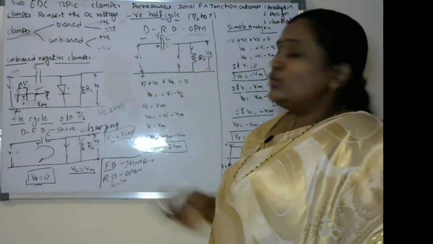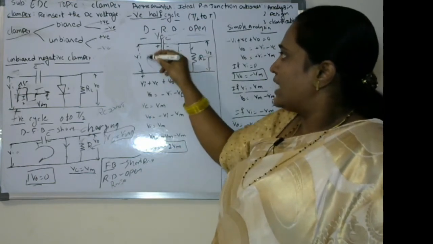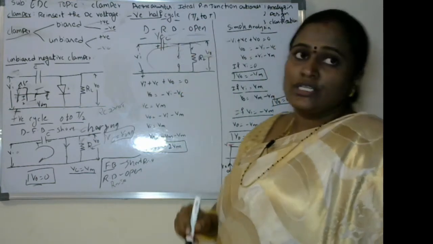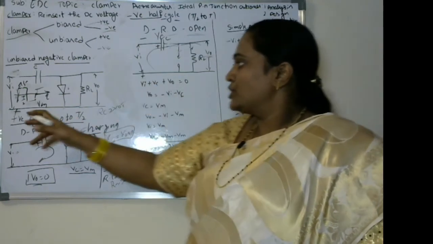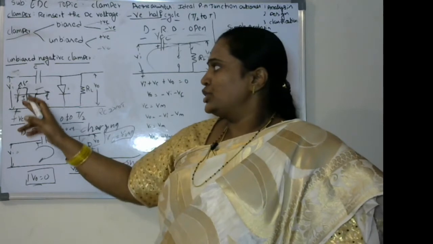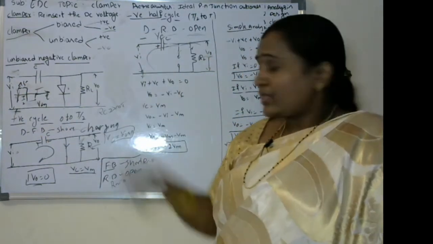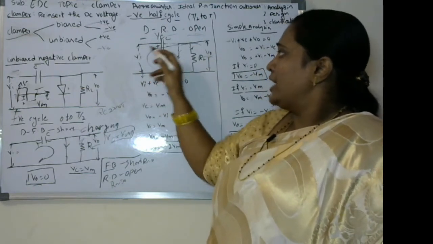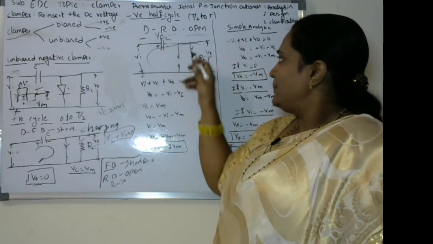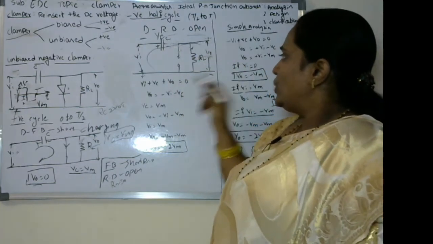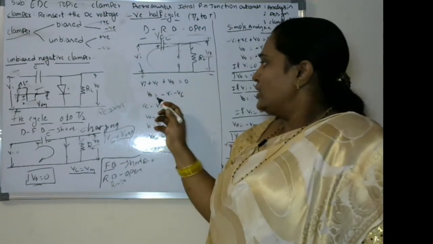So next we have to analyze V0, the output voltage. For that we apply the KVL equation in this direction. If I assume the polarities for the negative cycle, here positive and here negative. So positive to negative, it goes plus Vi plus VC plus V0 equals 0.